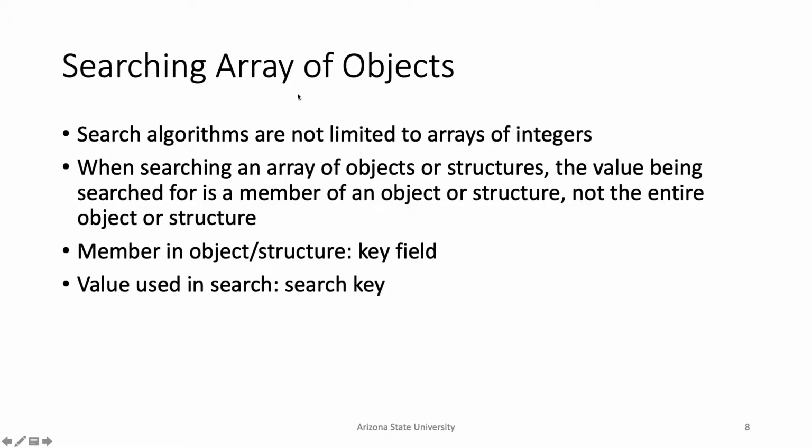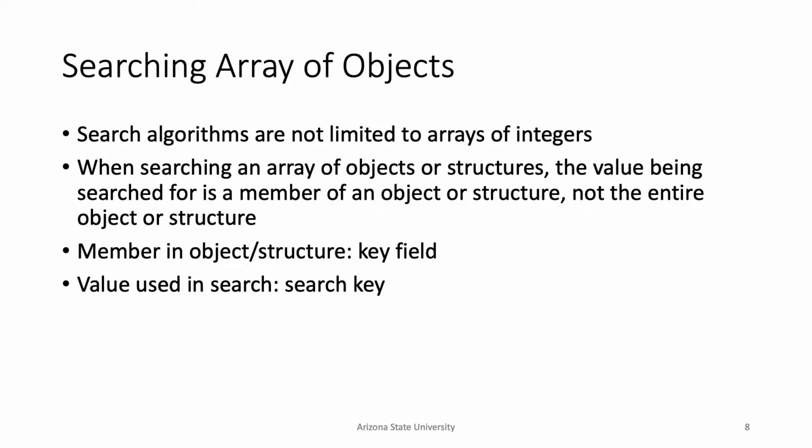So you don't have to have just an array of integers. You can have an array of objects. So if you have an array or vector of student objects, and maybe you want to find someone with a particular ID, then you could ask, how should I order the elements in my vector? Should I sort them by their name, or by ID?